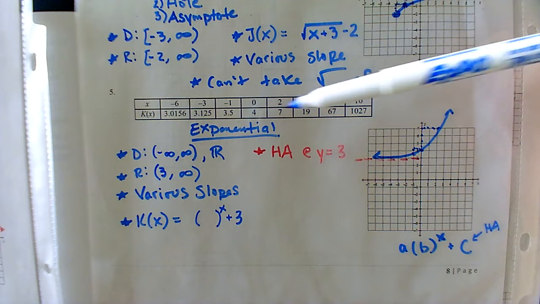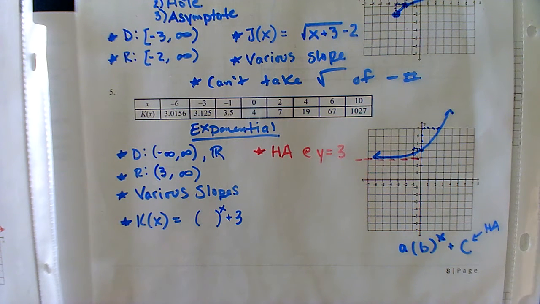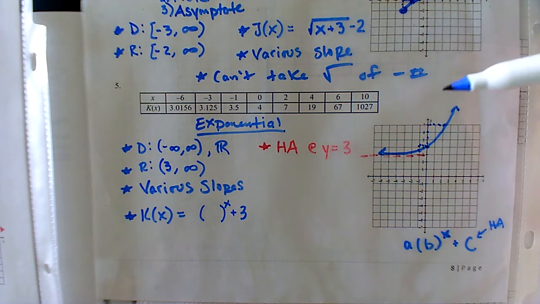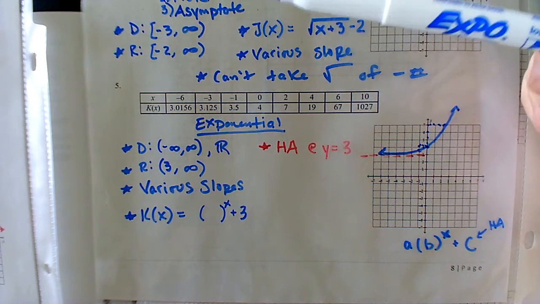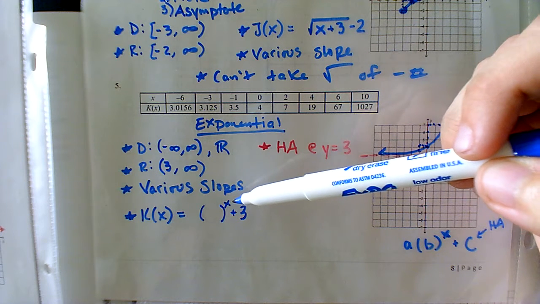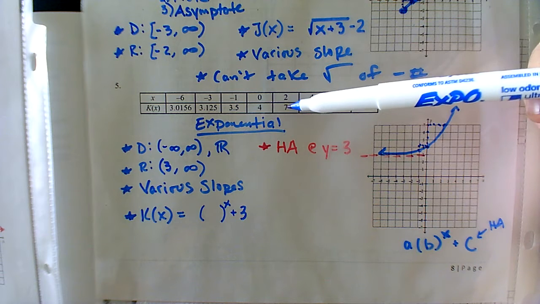We're going to take a look at some of the numbers in the table. And the easiest number pair that jumps out at me is this 0, 4, right? If we were to plug in 0 for this x, our answer would have to eventually be 4. Same thing going on here.